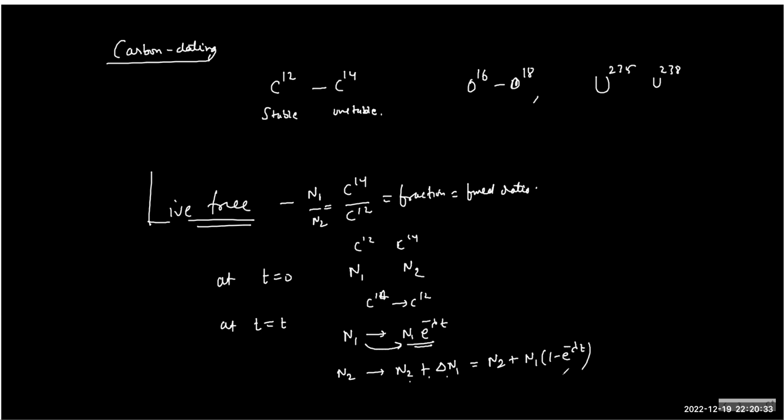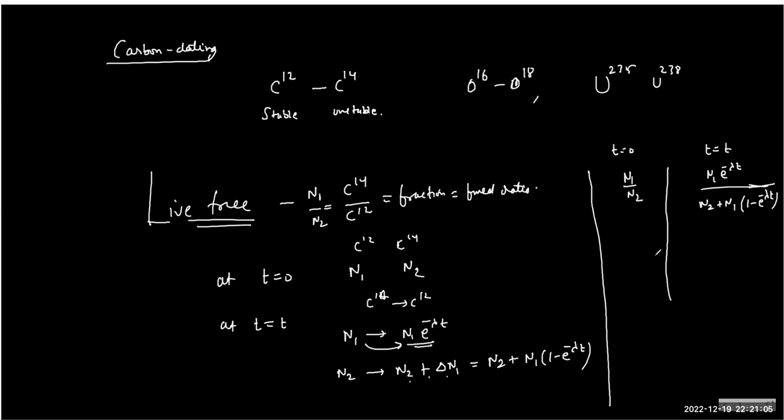What is interesting here is the initial ratio and the ratio at time t. Generally you will be given the initial ratio as some number, so we can rewrite it in a nicer way.